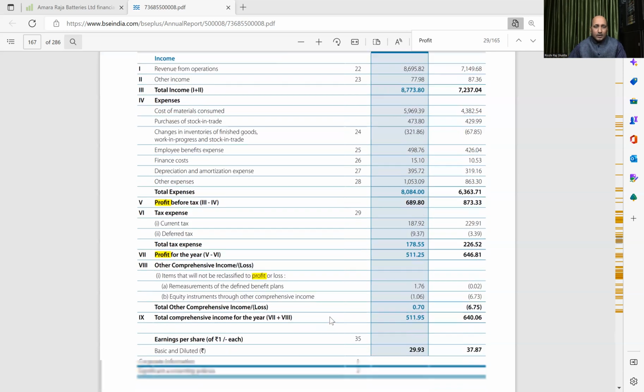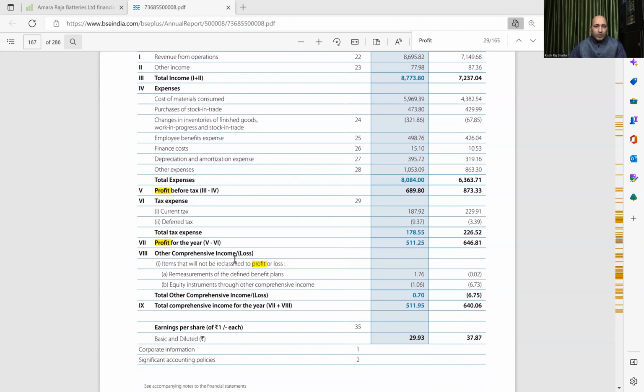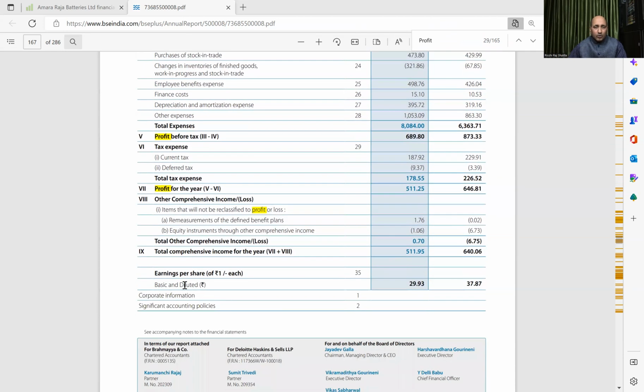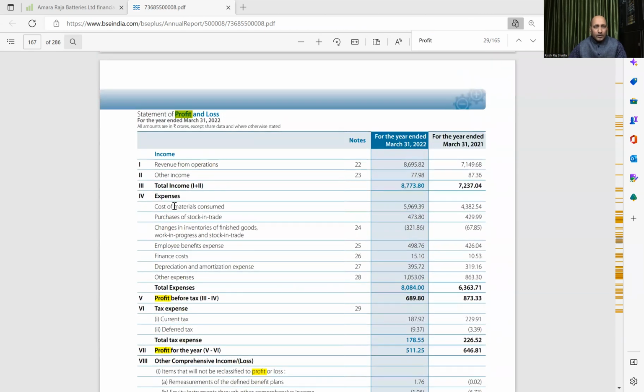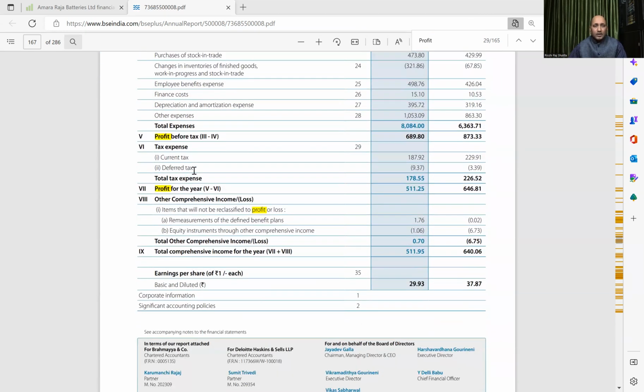Then downside you can see other comprehensive income or loss. They have given all this detail. These are minor things. Then total comprehensive income is minor. So the last thing is earnings per share. So for information we see here, first one is revenue, second is expense, third is tax, and fourth, of course, earnings per share.